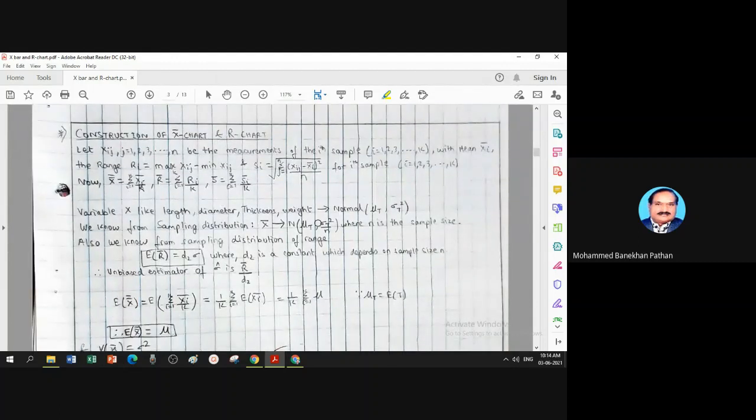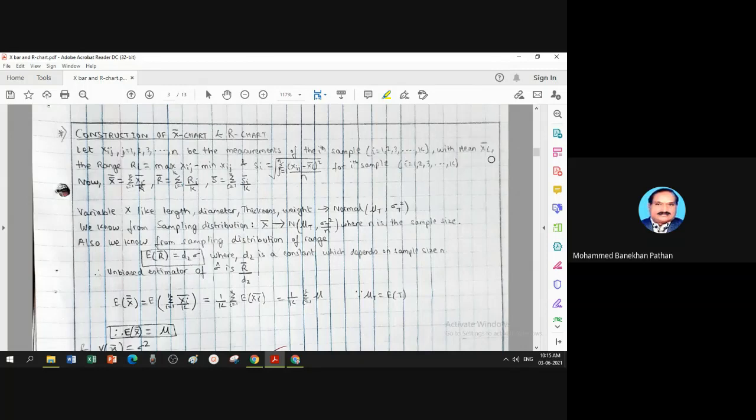Firstly, you have to describe the process and then you have to solve the problem. Construction of X bar and R chart. Everything I explained yesterday. Xij is the measurable characteristic, i from 1 to k, j from 1 to n, the measurement for the ith sample.